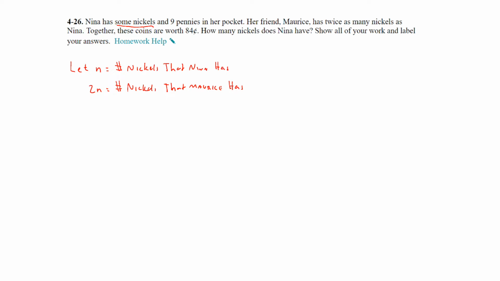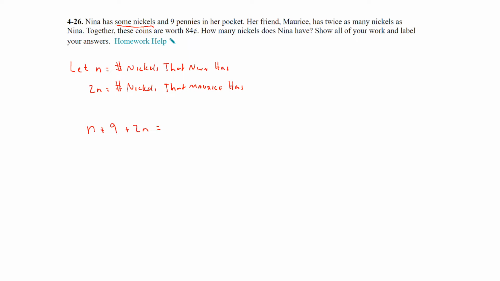Okay, and we know the coins are worth 84 cents. So we need to take the number of nickels plus the 9 pennies that Nina has plus the number of nickels that Maurice has, and we have to figure out the cost. Okay, so it's the value.